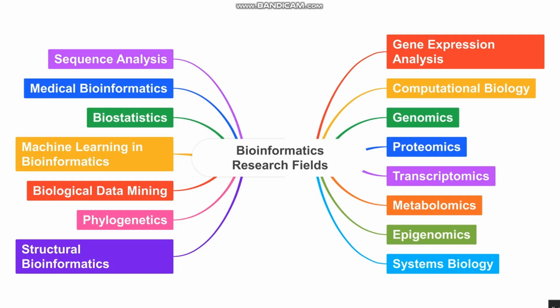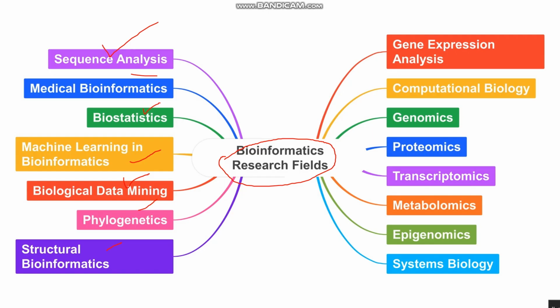Actually, the bioinformatics research fields are, first of all, sequence analysis, medical bioinformatics, biostatistics, machine learning in bioinformatics, biological data mining, phylogenetics, and structural bioinformatics, in which the 3D structure of proteins is one part.